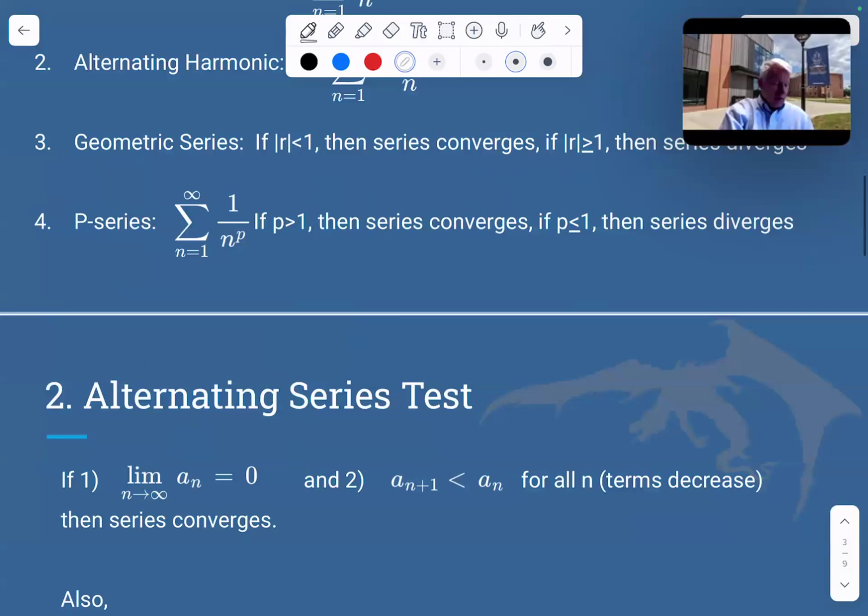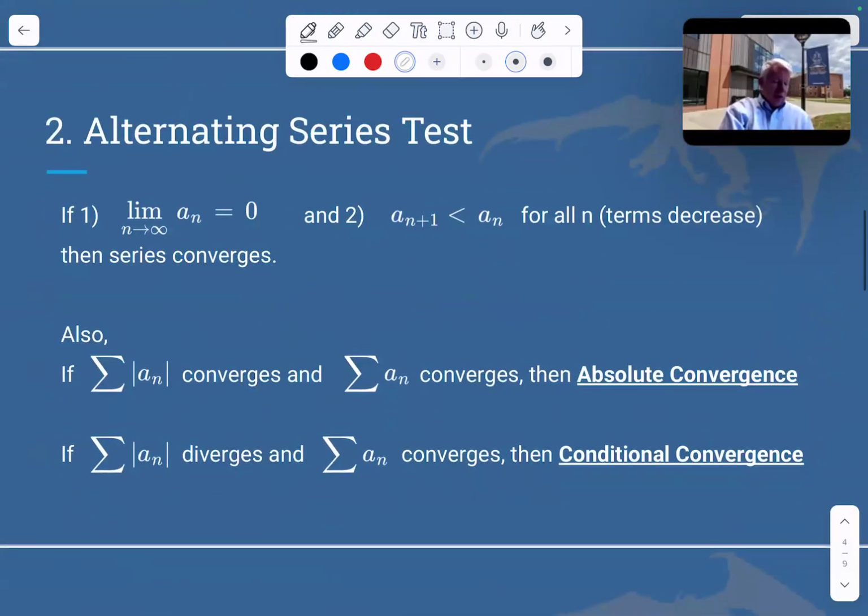The second one is the alternating series test. This means that as long as the limit goes to 0 and it's always decreasing as you go along to infinity, then it's going to converge.